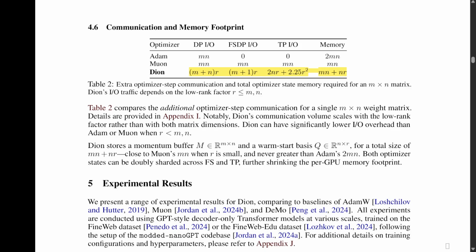Dion achieves this because its updates are inherently well-scaled. They're unit-normed due to the orthonormalization. Plus, it applies specific shape-dependent scaling factors to a single base learning rate. The upshot is, you can find one good learning rate, and it should work well across different model sizes, potentially even when combining Dion and Lion. It just massively simplifies the whole tuning process. That saves so much guesswork and compute time. It's not just about raw speed. It's making the whole workflow more efficient.